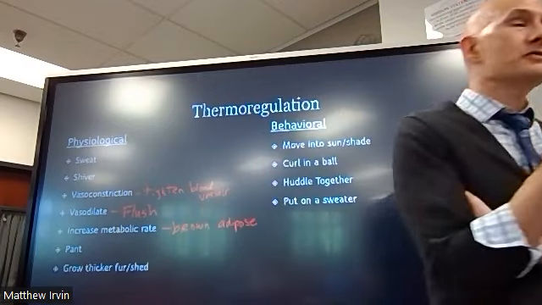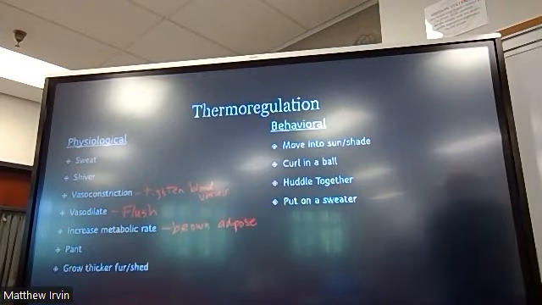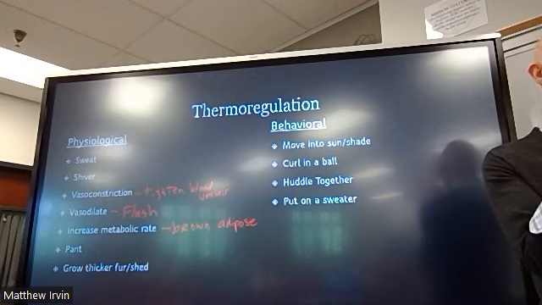And what that tissue can do is, when the organism gets cold, it can decouple the electron transport chain. So normally the electron transport chain pumps hydrogen ions, making ATP, and in cold weather, they can decouple the ATP synthase mechanism.